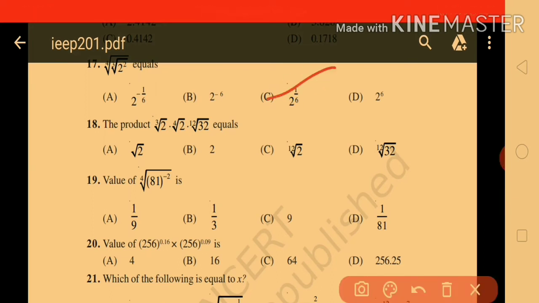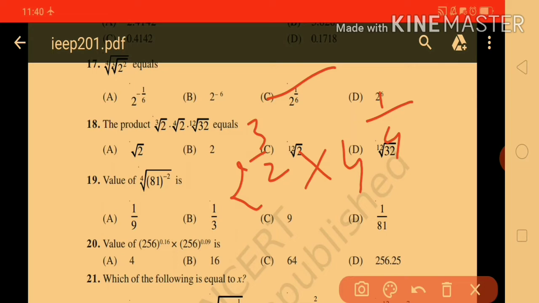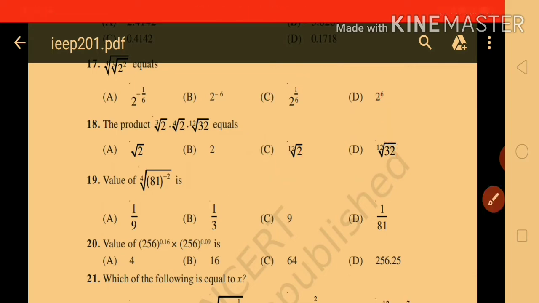Now come to the 18th question. We have to solve this. Just a minute, let me show you in a smaller way.